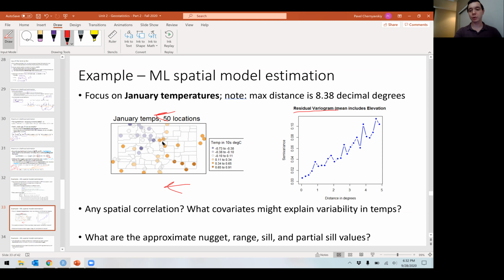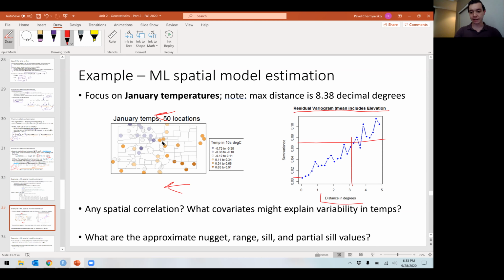Here is what my residual variogram looks like, and it includes elevation. Maybe the sill is somewhere right over there. The nugget is pretty close to 0. The range is probably around 3.